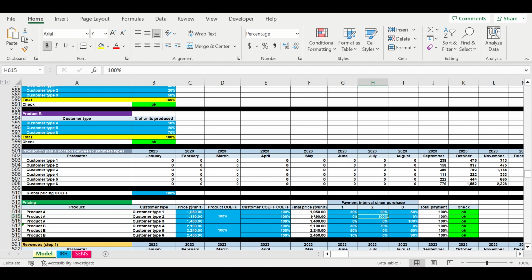And for this type of customer, the price will be bigger, and we will sell to him today, but we will get our revenue the month after next. So revenues arrive this month, the next month, or the second month after today. And this is very important.